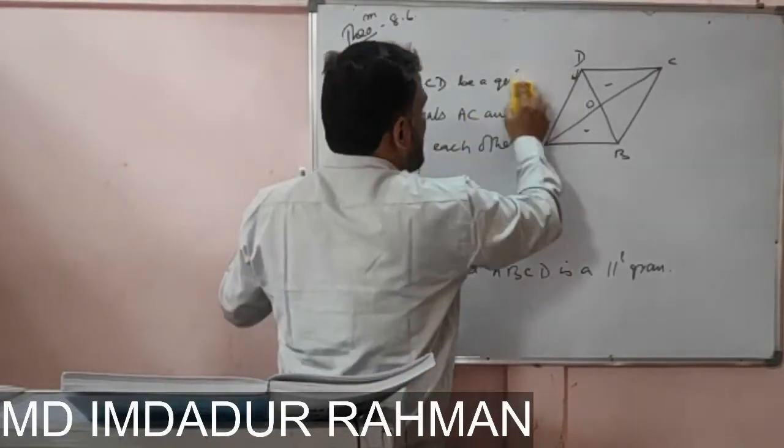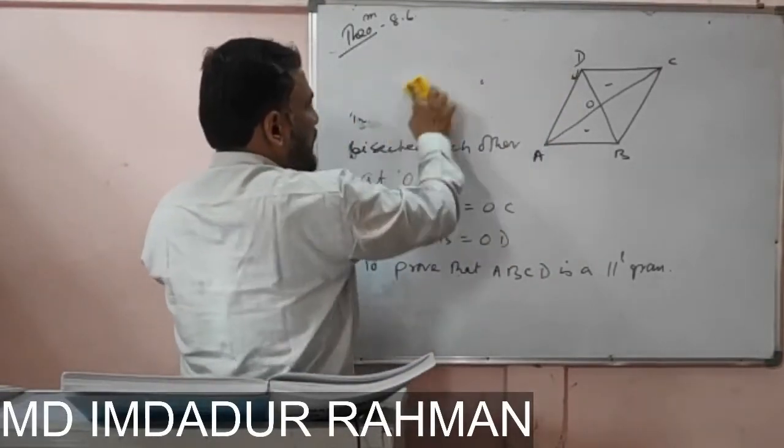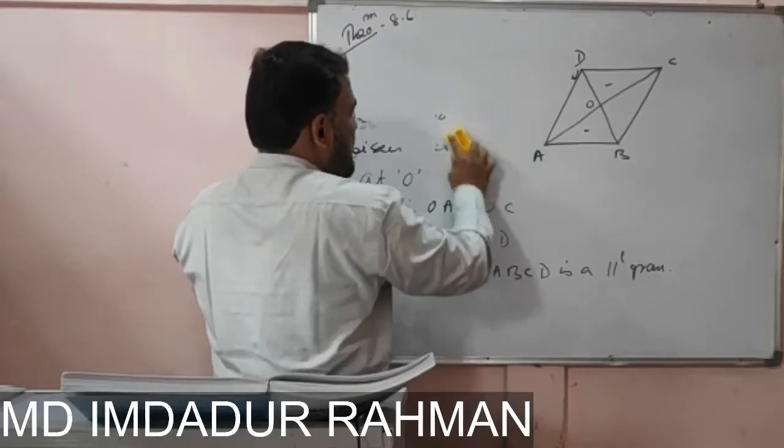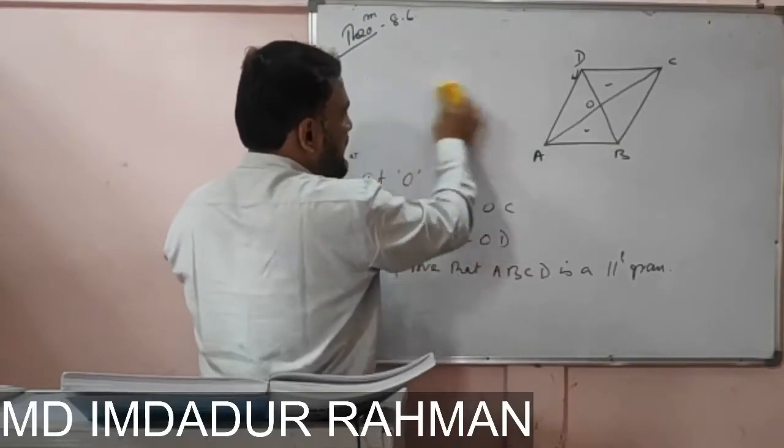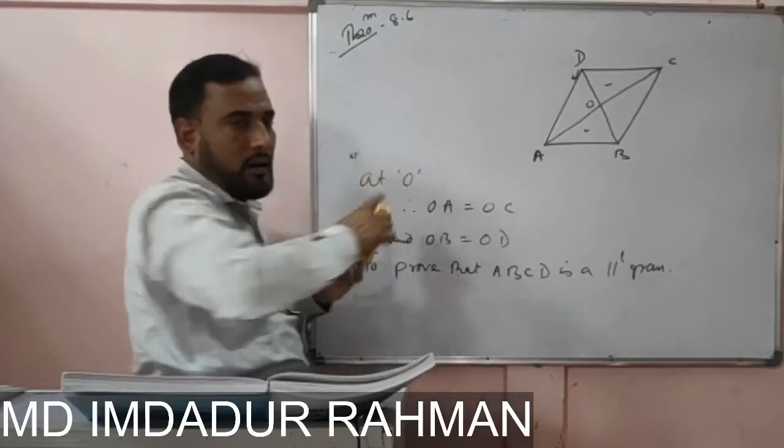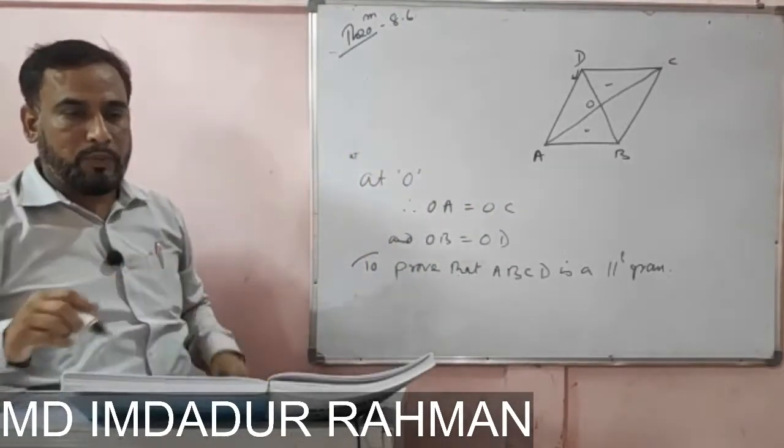If the alternate angles are equal, taking a transversal, then we can say that opposite sides are parallel. Here we will use this property.